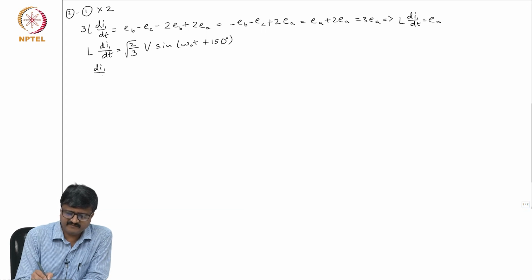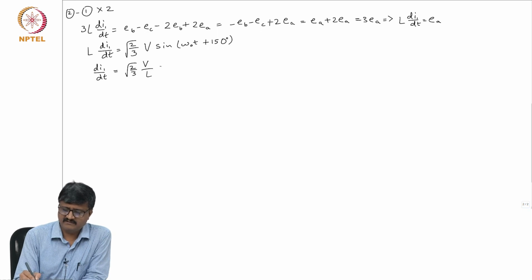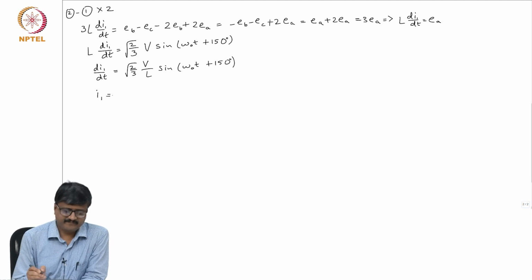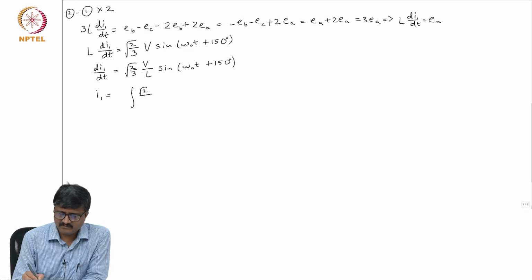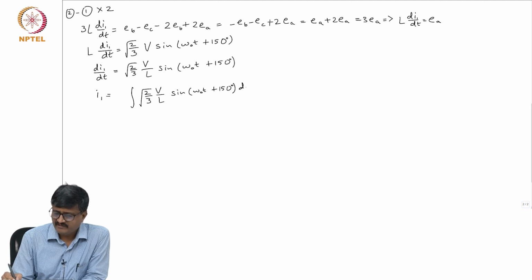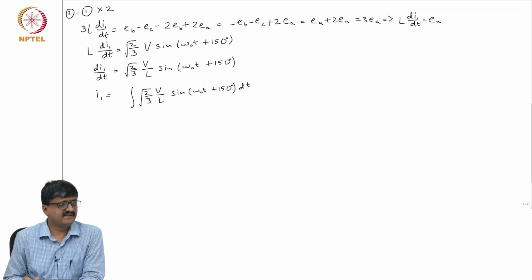So, dI1/dt is root 2 by 3 V by L sin(omega o t plus 150 degrees). If I employ the definite integral, it is nothing but the integral of the right hand side, root 2 by 3 V by L sin(omega o t plus 150), integrated with respect to time.